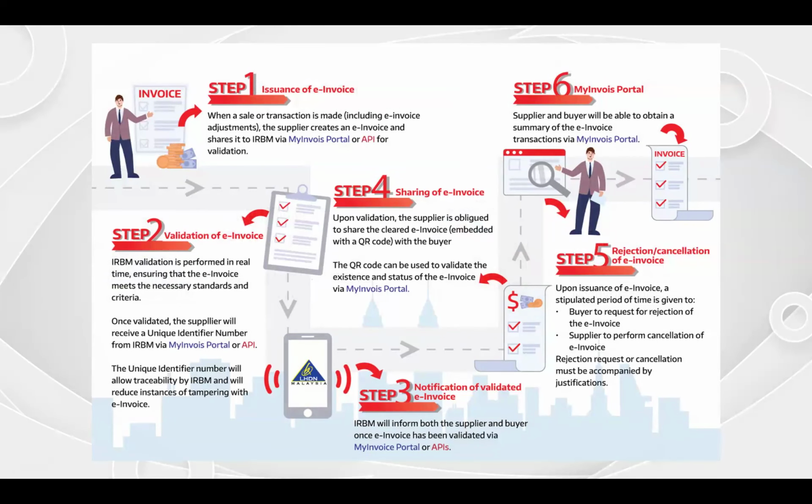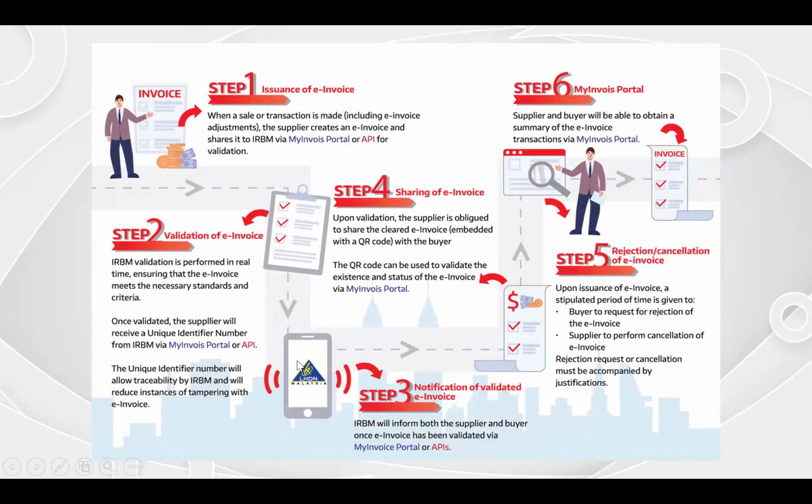This is the step, the business flow, of how the invoice is going to flow and how to submit to the MyInvoice Portal. First of all, you will issue the e-invoice either using our software, AutoCount, or other software, or you manually log into the MyInvoice Portal to issue the e-invoice.